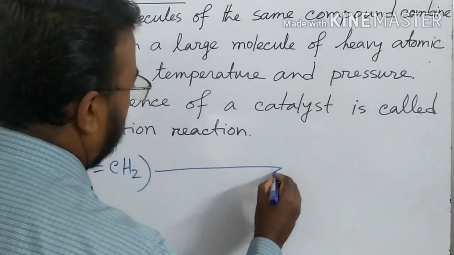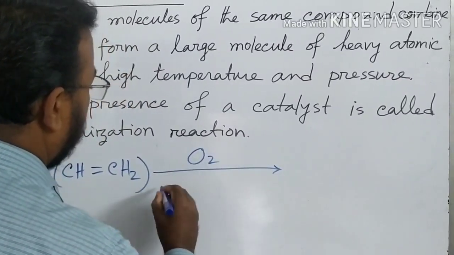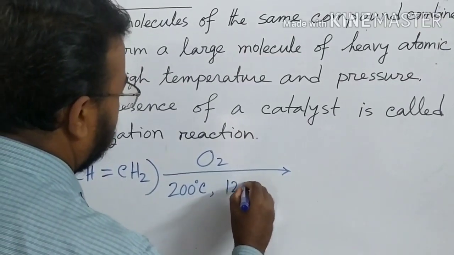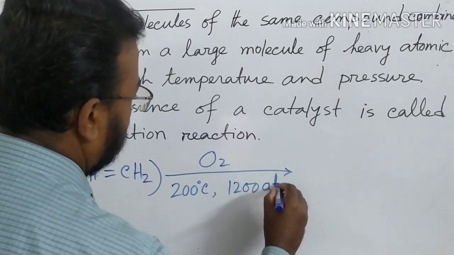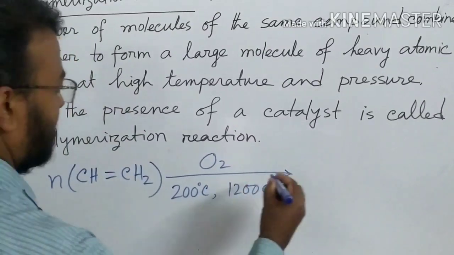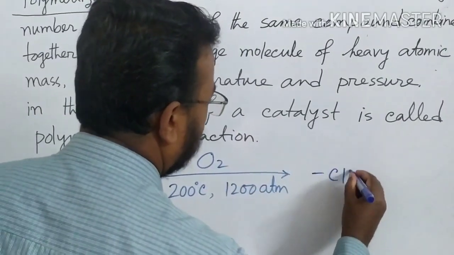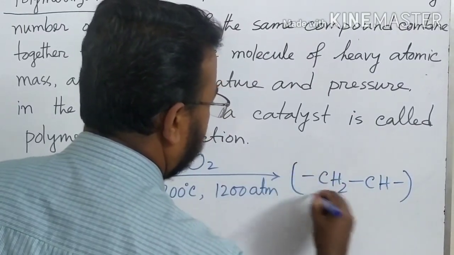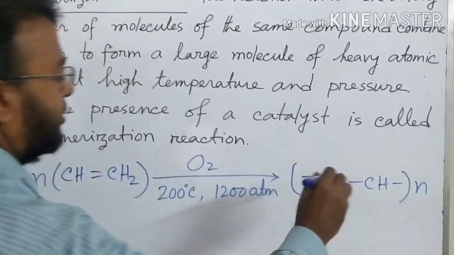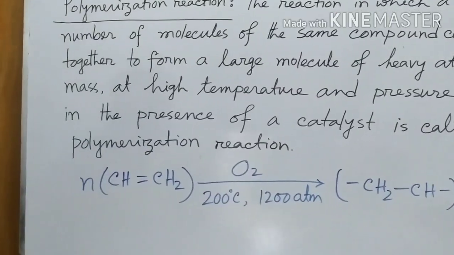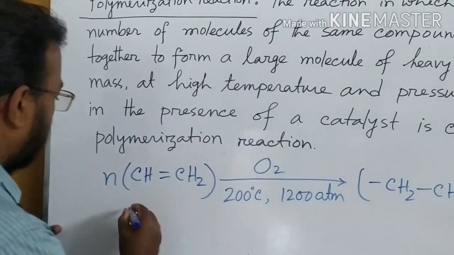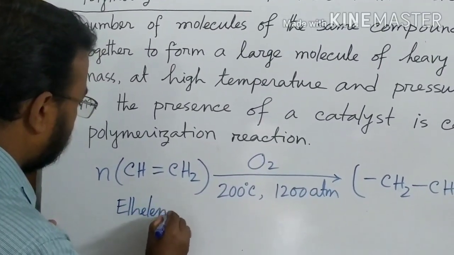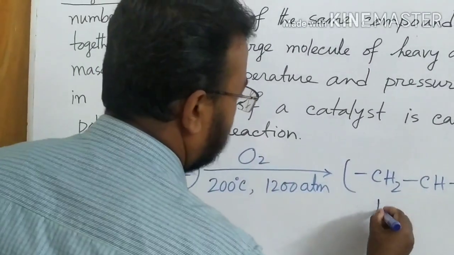So in presence of catalyst oxygen, high temperature 200 degrees Celsius and high pressure 1200 atmospheric pressure, ATM means atmospheric pressure, then it produces polythene. So this is a big molecule with heavy atomic mass. So now this one is ethylene, this one is polythene.